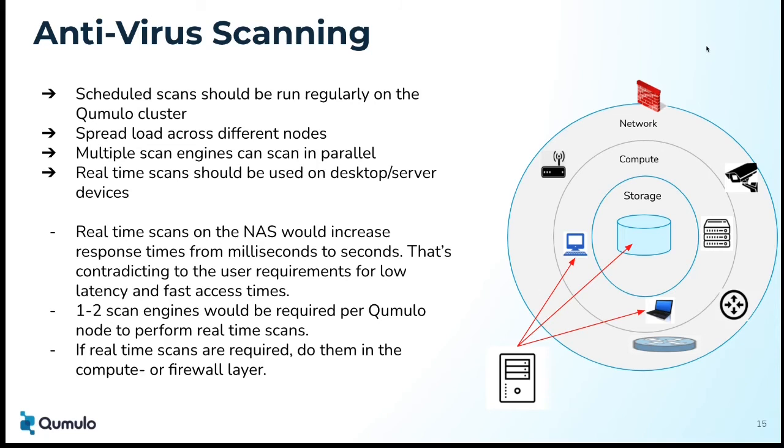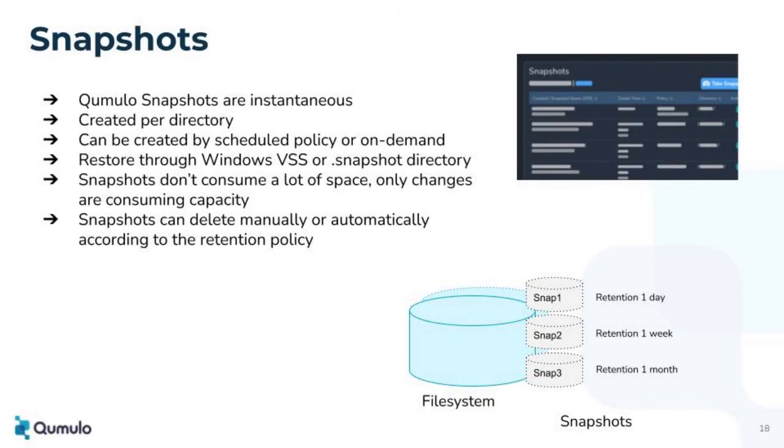In addition, this would require, from experience, 1 to 2 scan engines per Qumulo node to perform the real-time scans. So even with this very low throughput that you then get, because of the scans in real time, you would need a whole bunch of hardware to do that.